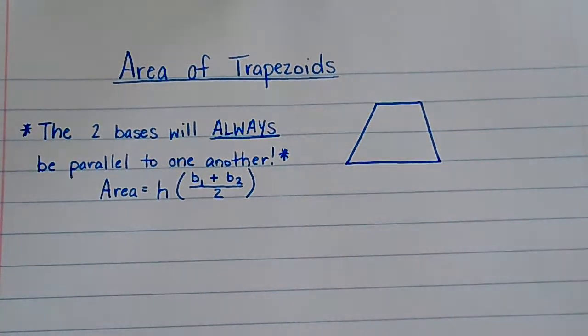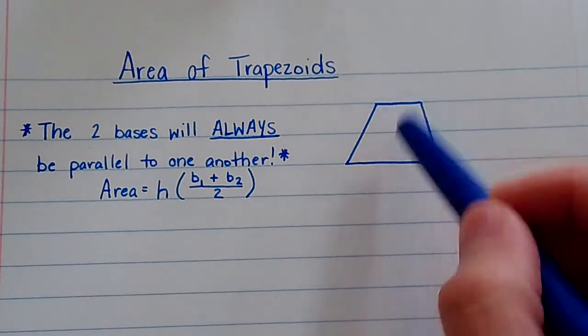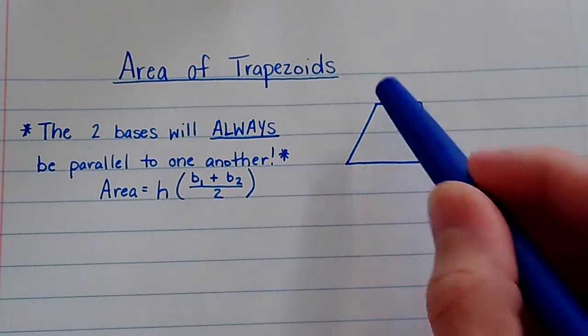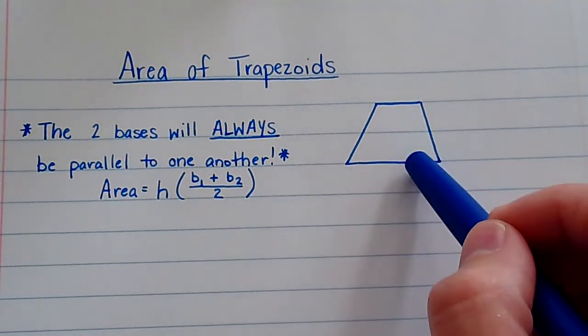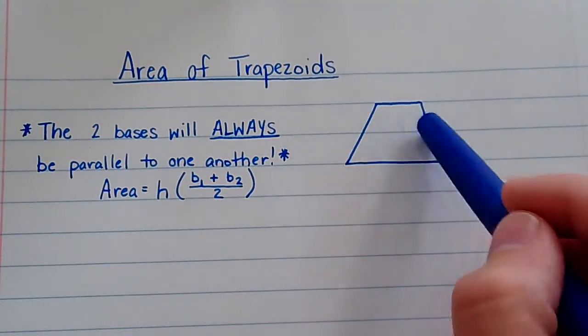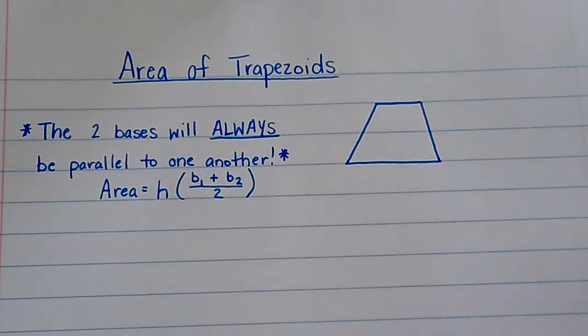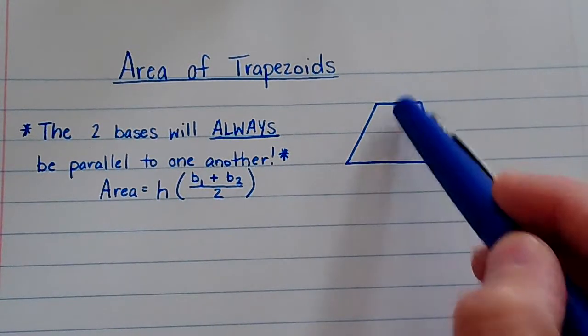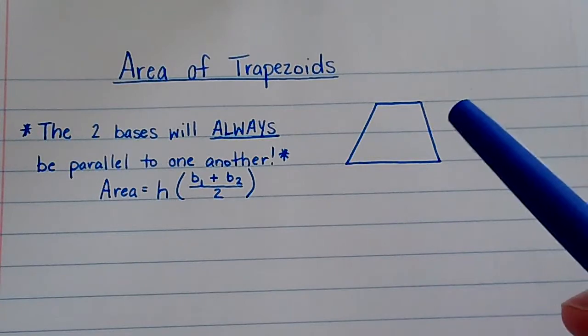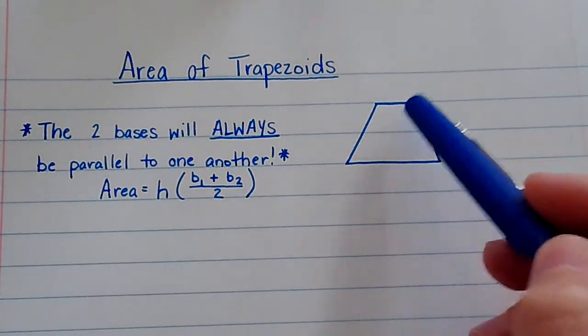All right, so this is a trapezoid, okay? This is a trapezoid because this line and this line are parallel. Those are your bases, okay? These two lines right here, they might be congruent, they might not, it doesn't matter. These lines are obviously not congruent, but they are parallel. So that tells you that these two right here are your bases.